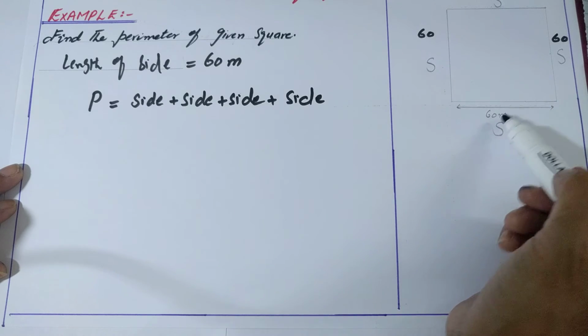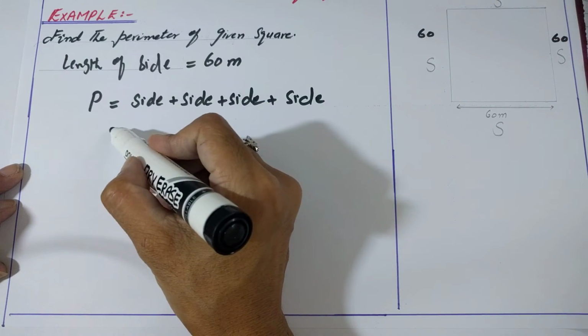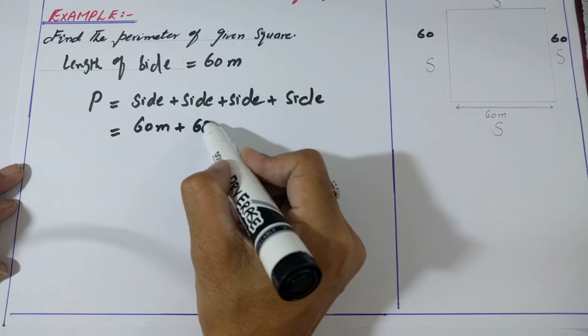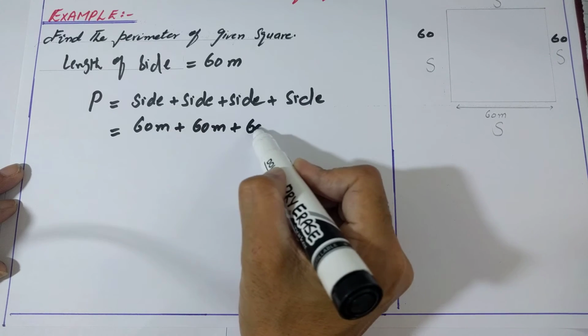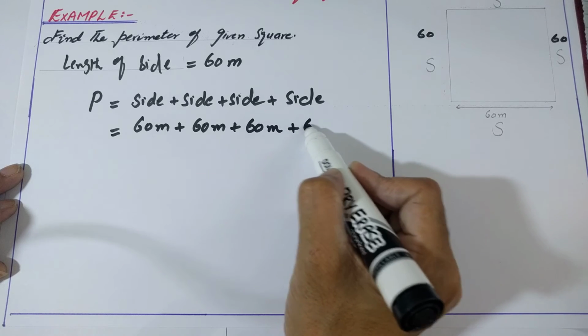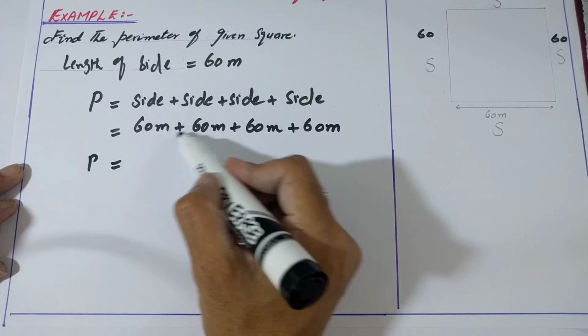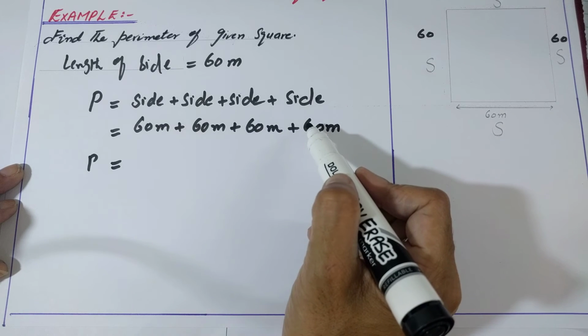If one side is given, then all other sides will also be equal to 60. So 60 meter plus 60 meter plus 60 meter plus 60 meter. So what's the total? 60 plus 60 plus 60 plus 60.